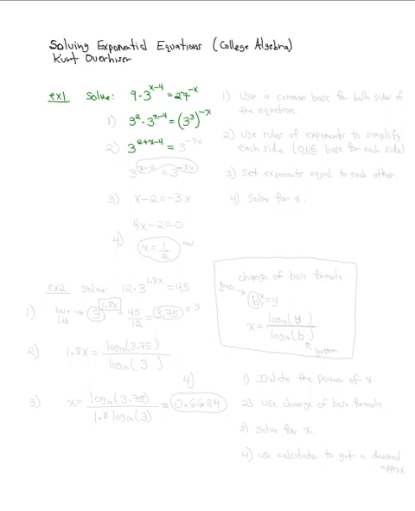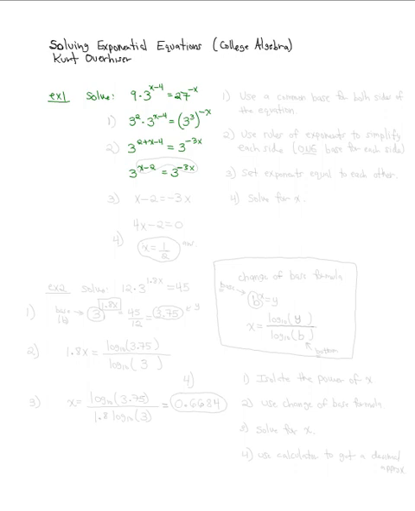So the right hand side would be 3 to the negative 3x power. I take the 3, multiply it by negative x, and I get negative 3x. Okay, and then 2 plus x minus 4 is x minus 2, and that's equal to 3 to the negative 3x.